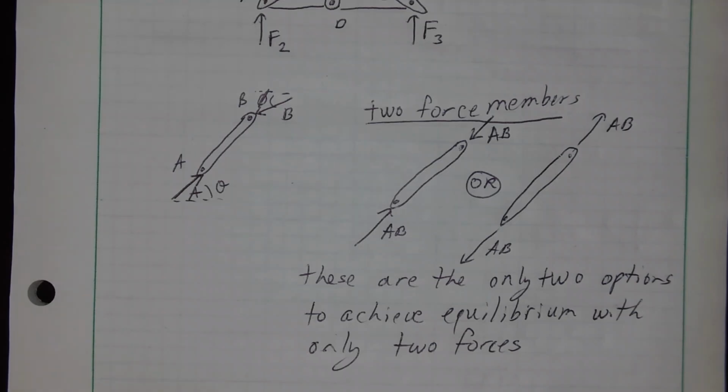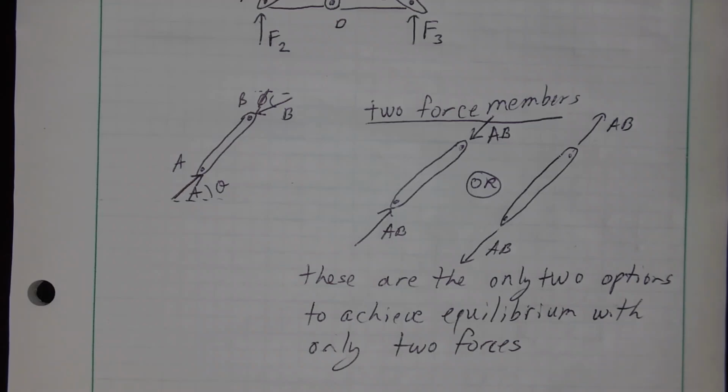So go back and make sure you understand in chapter 5 the concept of two-force members, because just like everything else, it shows up here. You'll see those here and there, and here it is again. The only way a two-force member, an object that only has two forces acting on it, can be in equilibrium is if those two forces are equal and opposite and collinear.